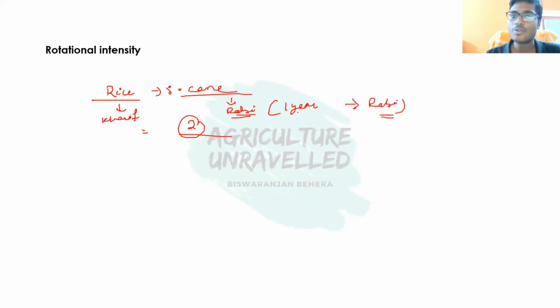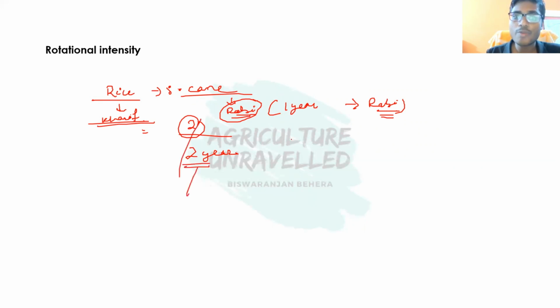The duration of sugarcane is 1 year. It will be harvested in the next Rabi season. So in this case, the duration of the rotation will be 2 years, because in the first Kharif season we have grown rice, in the first Rabi season we have sown sugarcane, and in the next Rabi season we will harvest the sugarcane. The duration of sugarcane is 1 year, so the duration of rotation will be 2 years.